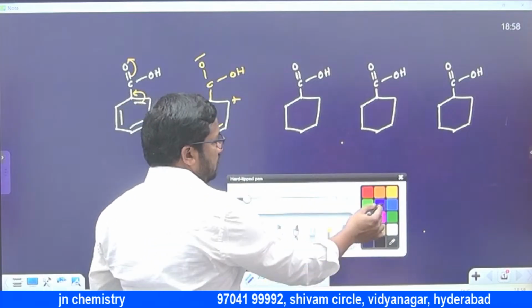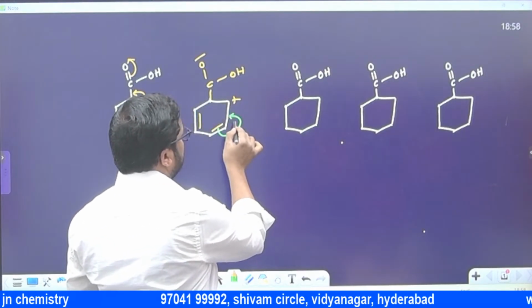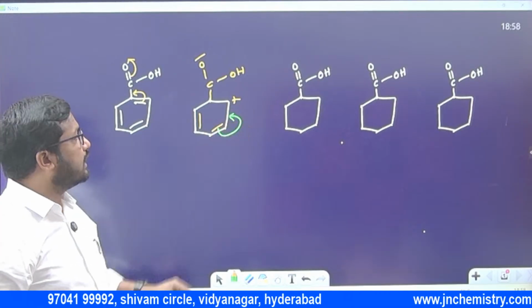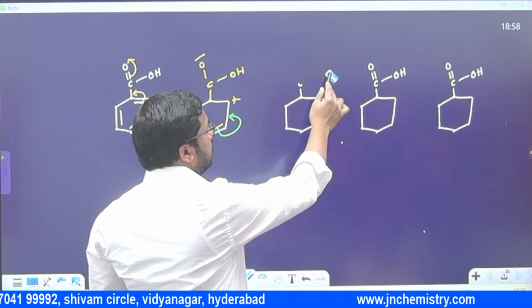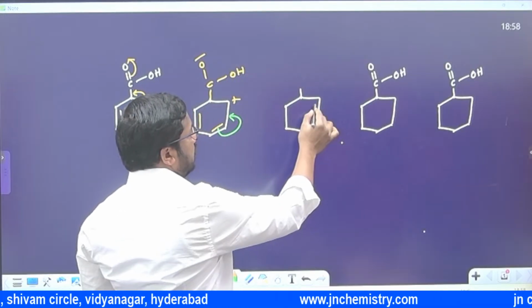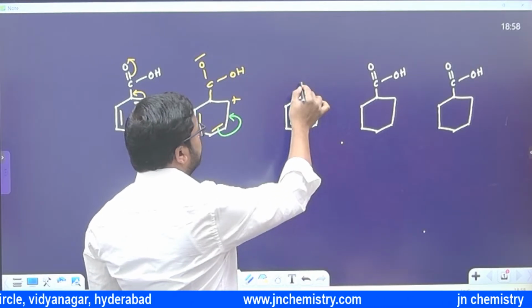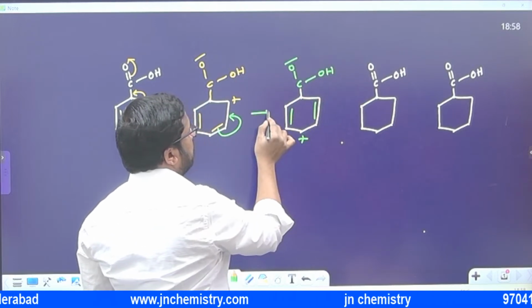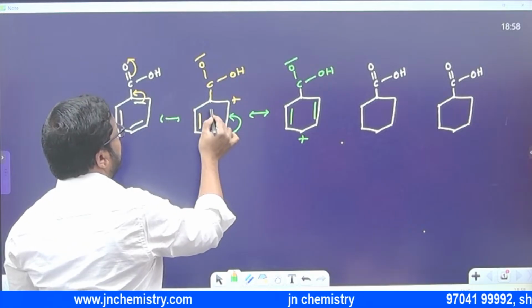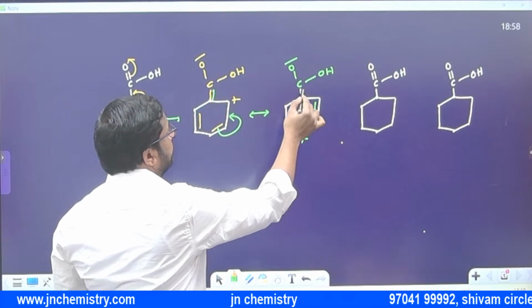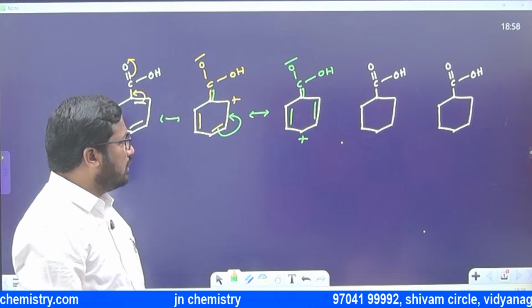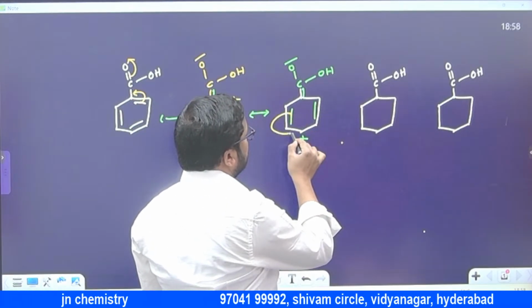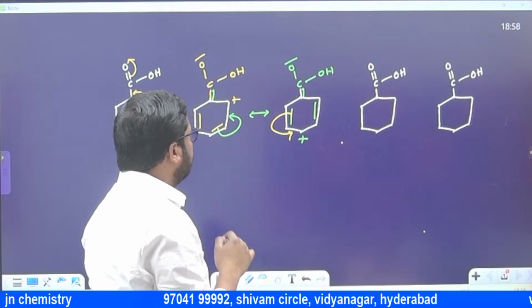Next, Nana, if this electron is going over here, what exactly happens? It is the double bond, positive charge, COOH. Here is the double bond. Next, this is coming like this.